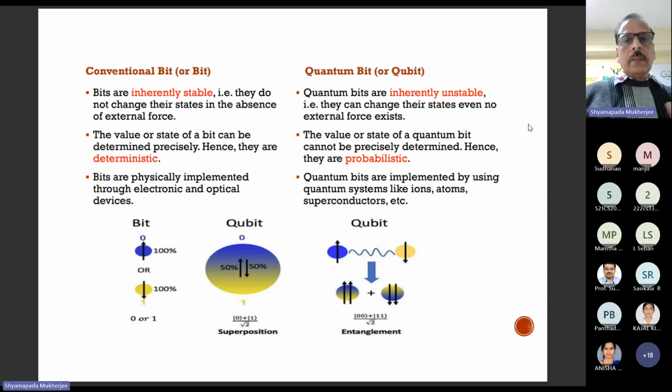That is where this probability concept has come from, and quantum computation makes wide use of this probabilistic nature. Then bits are physically implemented through electronic or optical devices, like a switch that can be on or off. But quantum bits are implemented by using quantum systems like trapped ions, atoms, or superconductors.